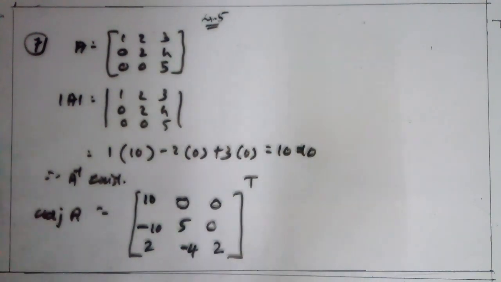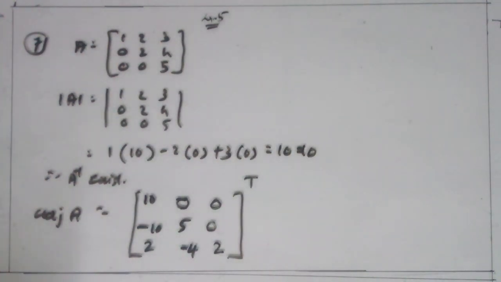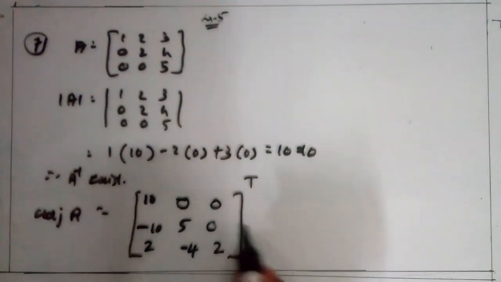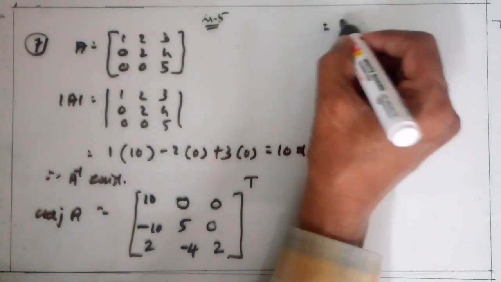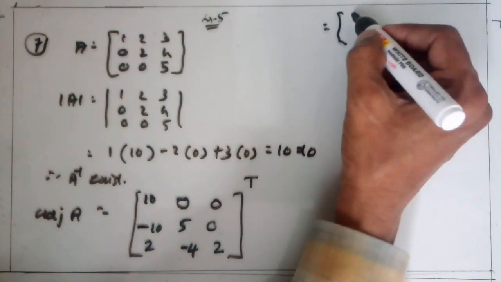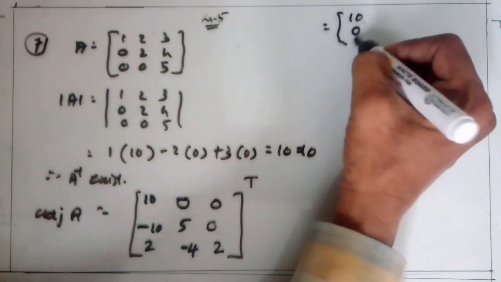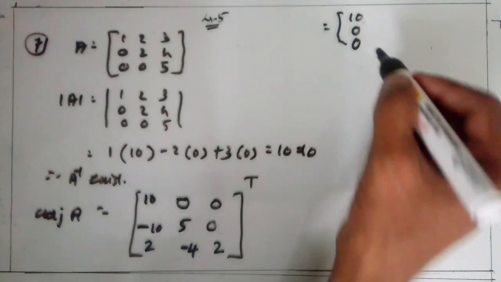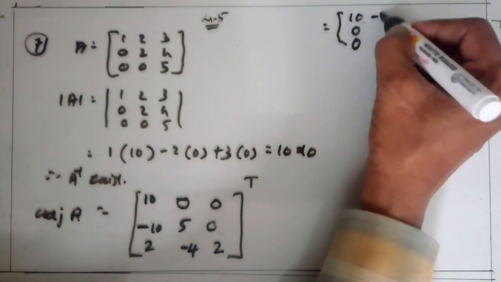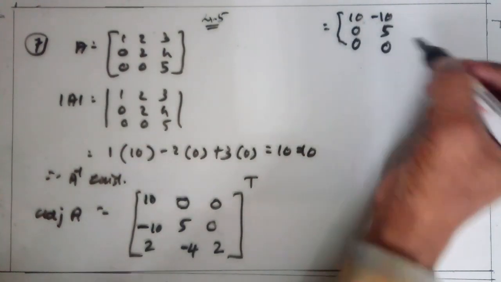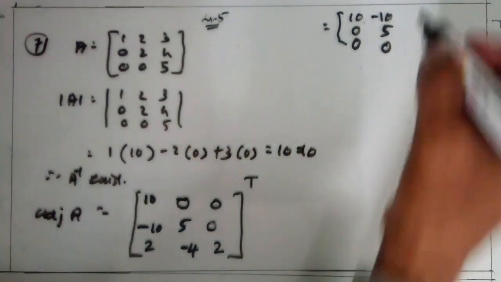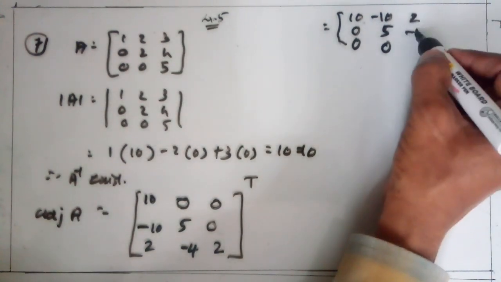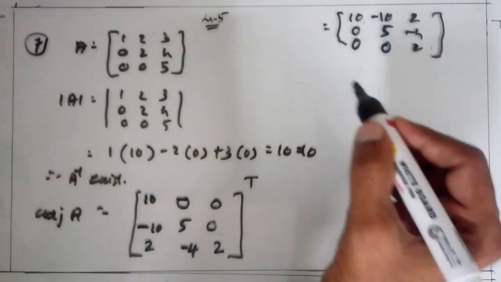Clear? We know that cofactor is equal to minus 1 raised to i plus j into the minor of a ij. Now get the transpose of this. So here, 10, 0, 0, first row becomes first column, second row minus 10, 5, 0 becomes second column, third row 2, minus 4, 2 becomes third column.